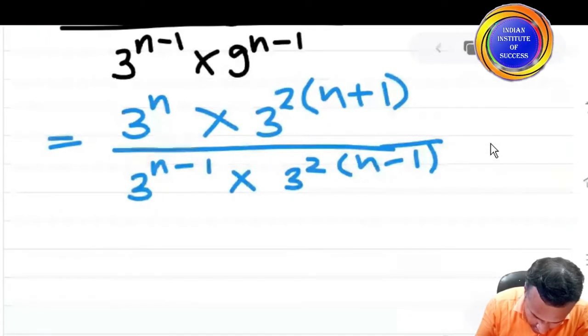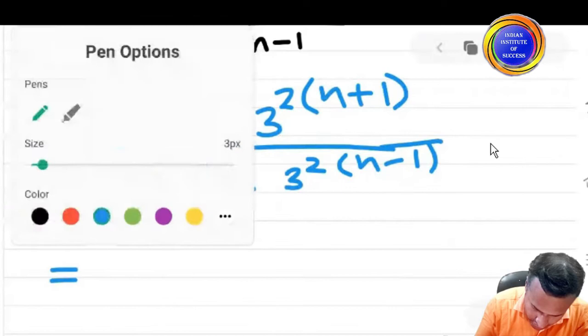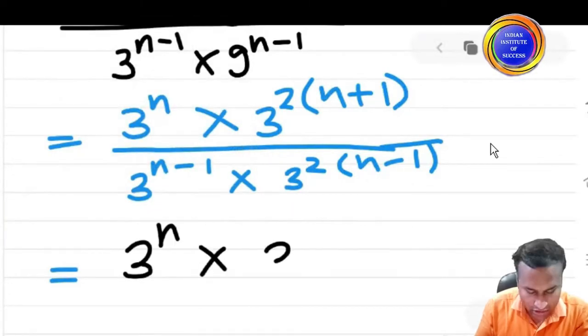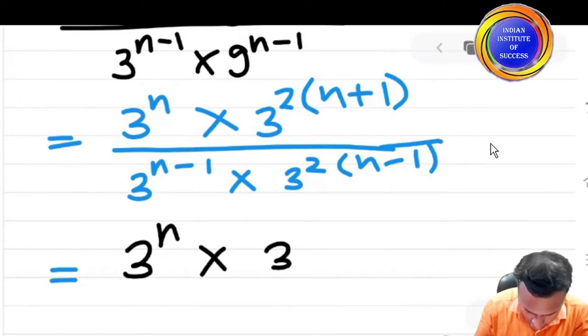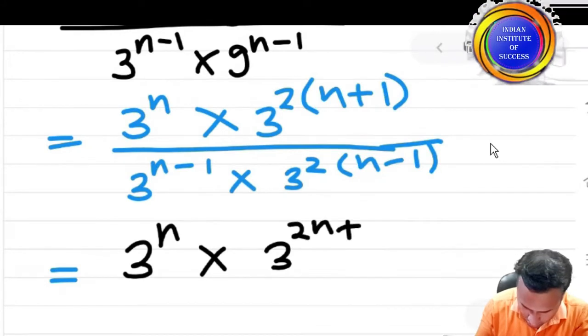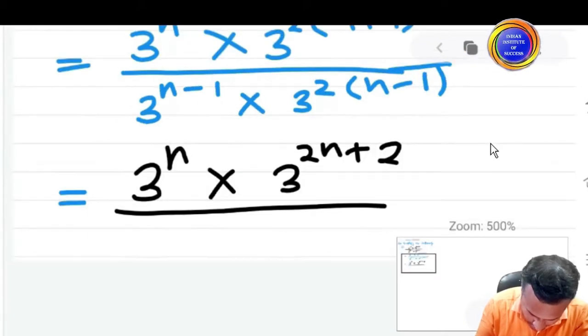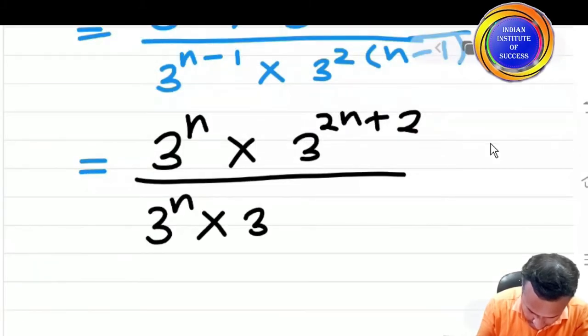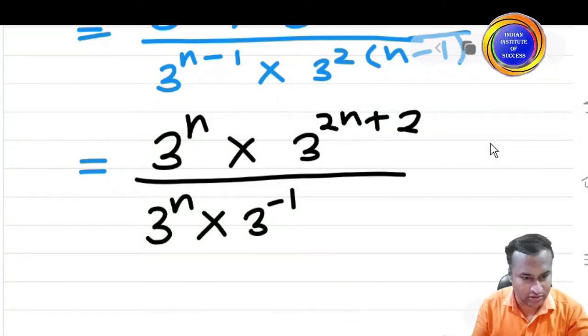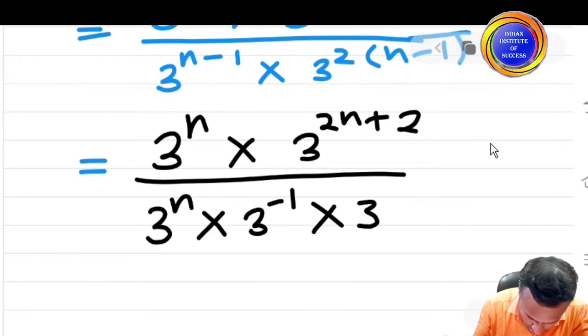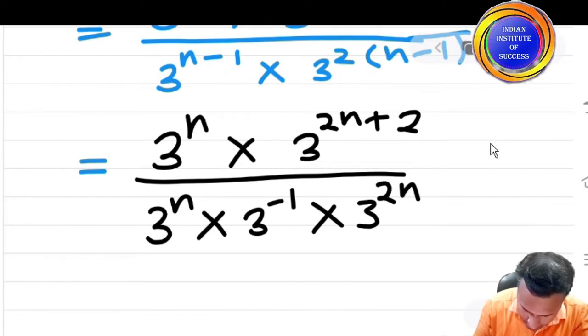Now after this we can write 3 raised to power n, 3 raised to power 2n plus 2 in the numerator, upon 3 raised to power n into 3 raised to power minus 1. We can break down this n minus 1 in this way, then 3 raised to power 2n minus 2 here.